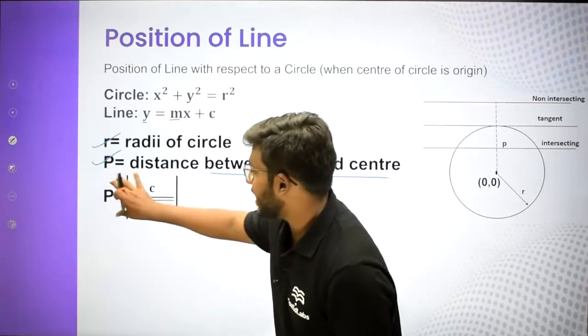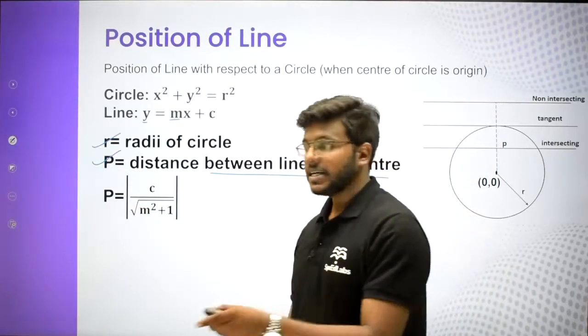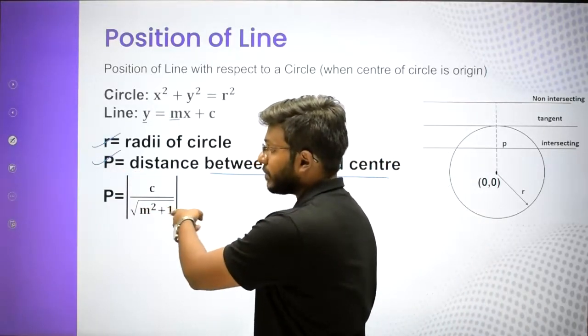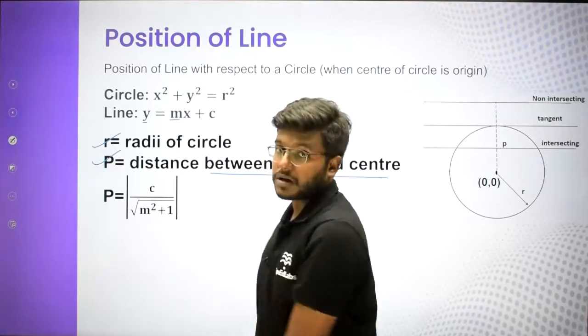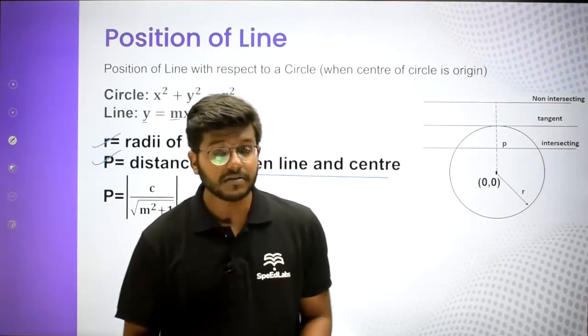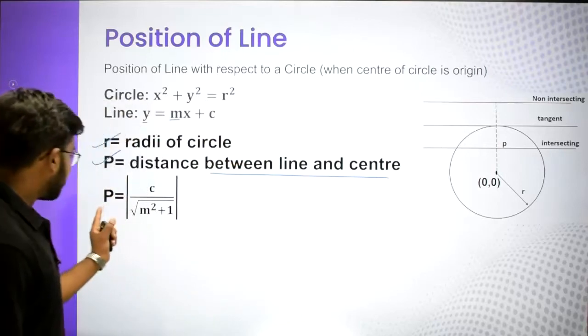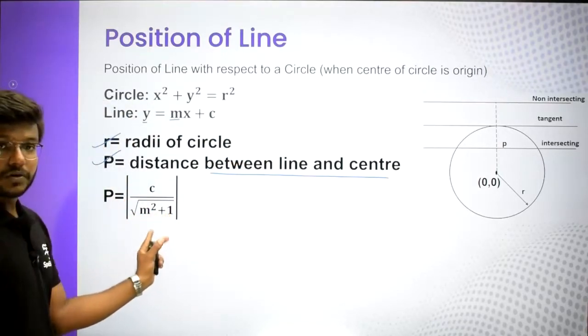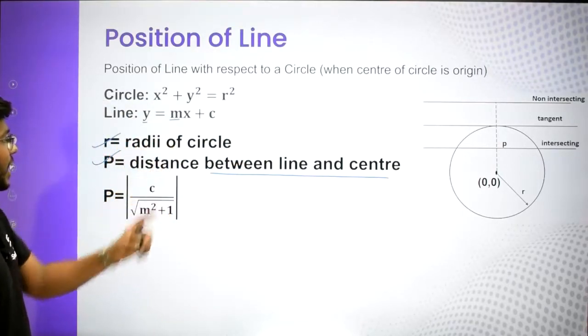So p is c divided by under root 1 plus m square. Guys, don't forget the mod sign. Whenever you are finding distance, put a modulus sign. So p is coming c upon under root 1 plus m square, mod, and r is the radius.